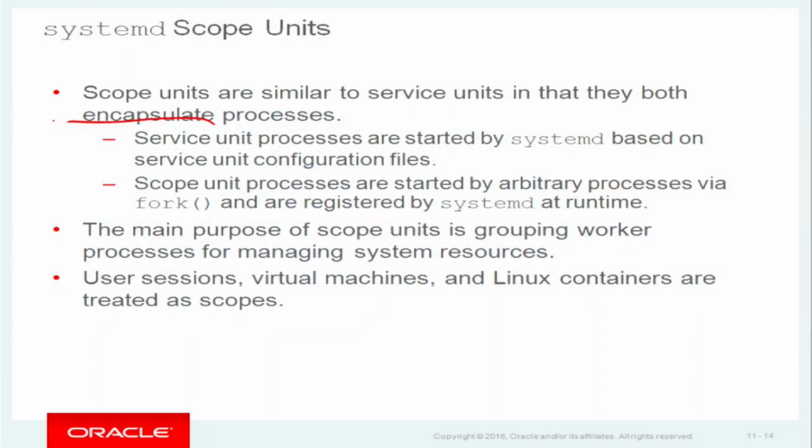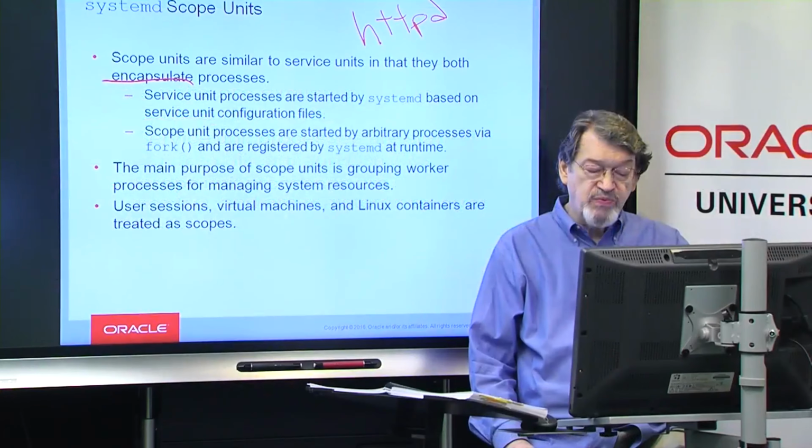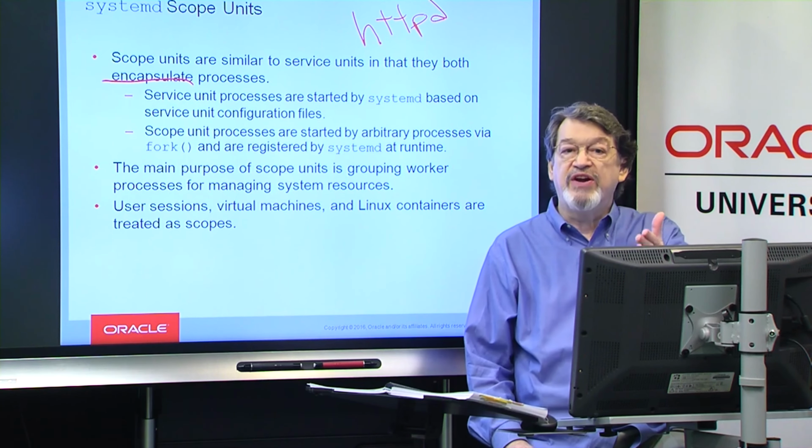And so if you ever look, you might have 5 or 6 HTTPD processes running, and all of those are started via a fork, okay? And as they get started, they're registered with systemd as they are forked.